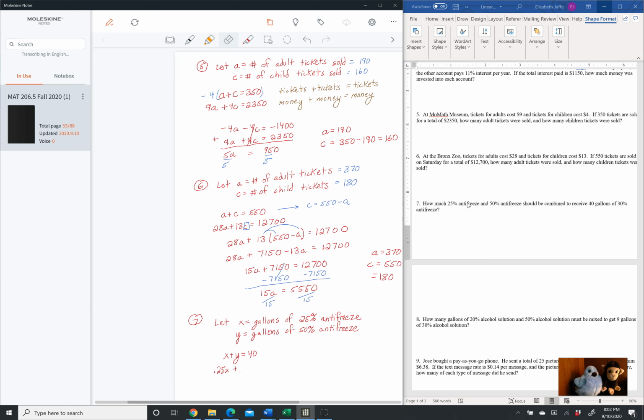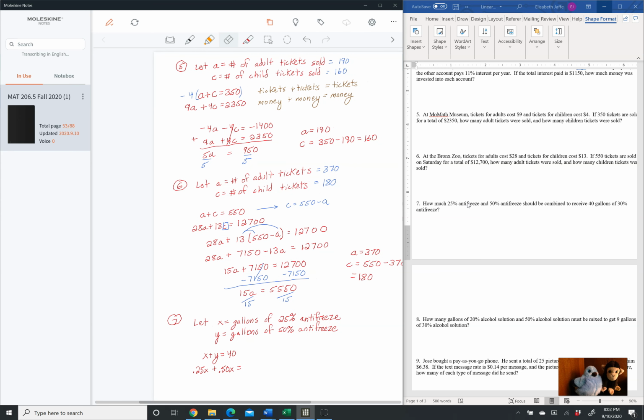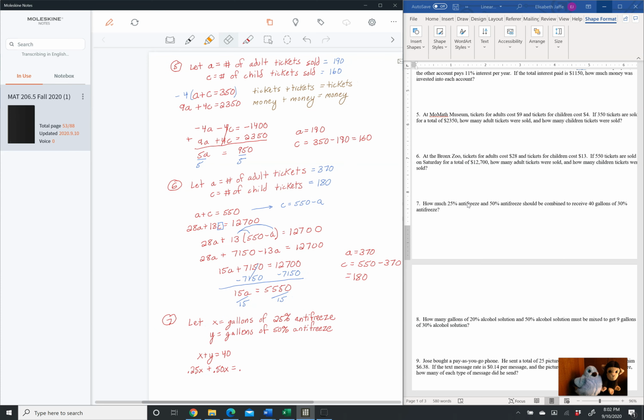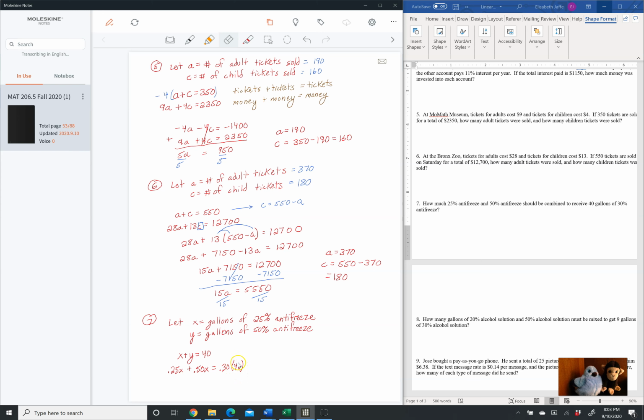In the second solution, it's 0.50y. And in the final solution, the total antifreeze is 0.30 times 40. Okay? Because the 0.30 is the fact that 30% of the total is antifreeze and 40 is the total.